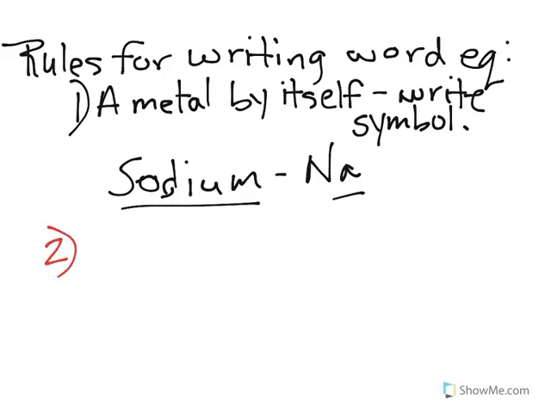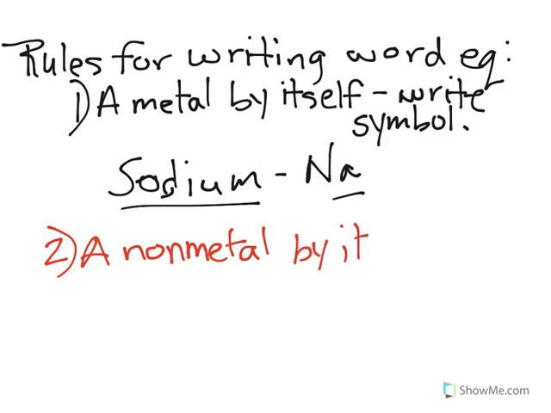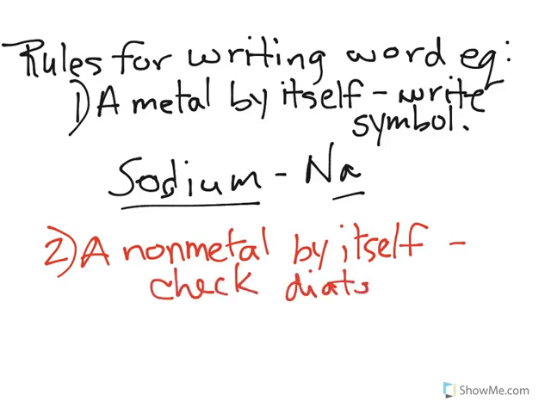Rule number 2. A nonmetal by itself, you need to check your diatomics. Let me explain what a diatomic is. First of all, the prefix di we know means two, and then atom, so two atoms.